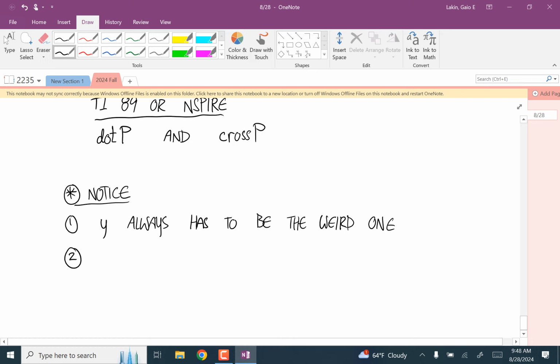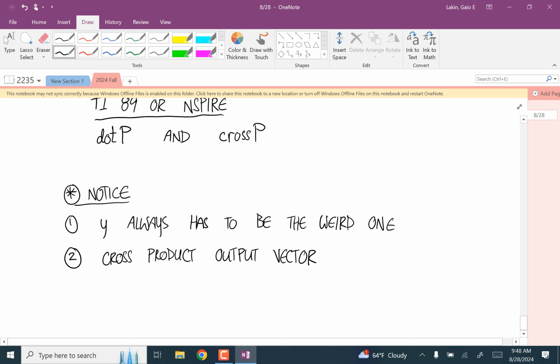Second, the cross product output vector is always perpendicular to both input vectors. I guess you already have this in your notes.